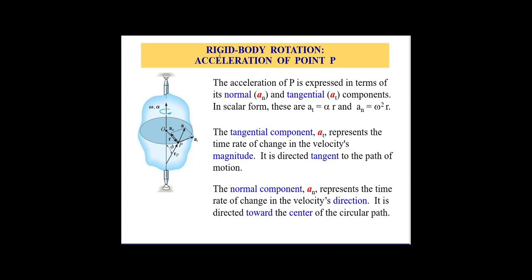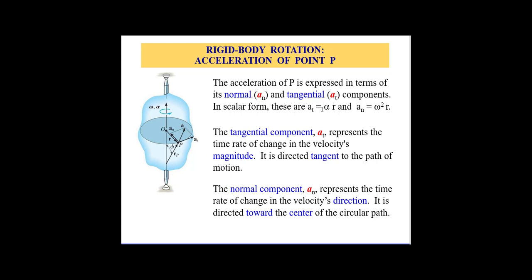Now for the acceleration of a point P, using the normal and tangential components, we can describe the acceleration of a point on a body that is rotating. For that point, the tangential component is simply equal to the angular acceleration multiplied by the position r, and the normal component is equal to omega squared multiplied by r.